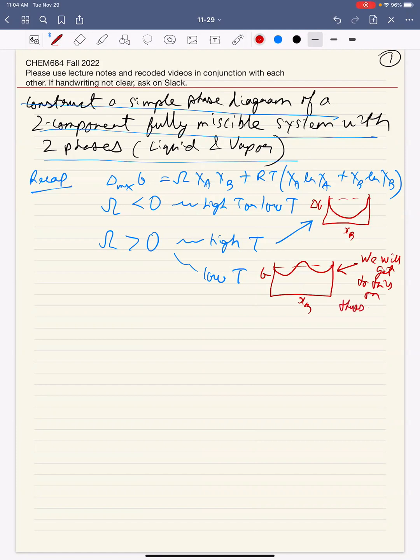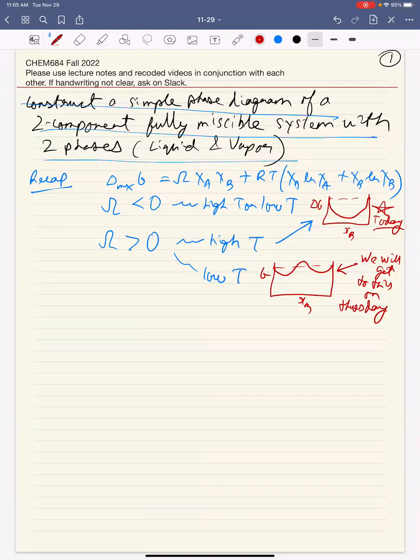This is connected to the phenomenon of phase separation. So you basically have two phases separating, but we are not going to worry about that today. Today, we are going to focus on the case when we have full mixing. Anytime you don't get two different clusters forming, anytime you add something, it just mixes completely, okay? So that's the idea. So let's work on that.